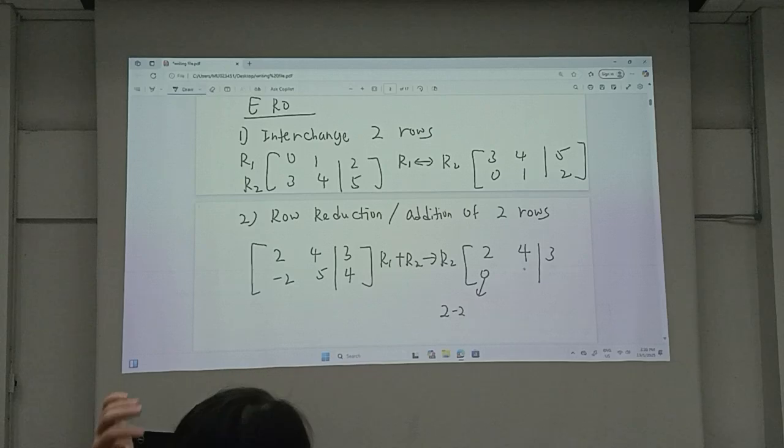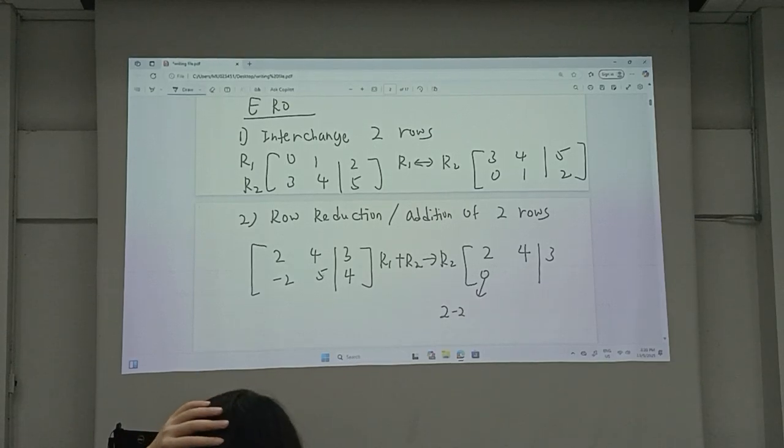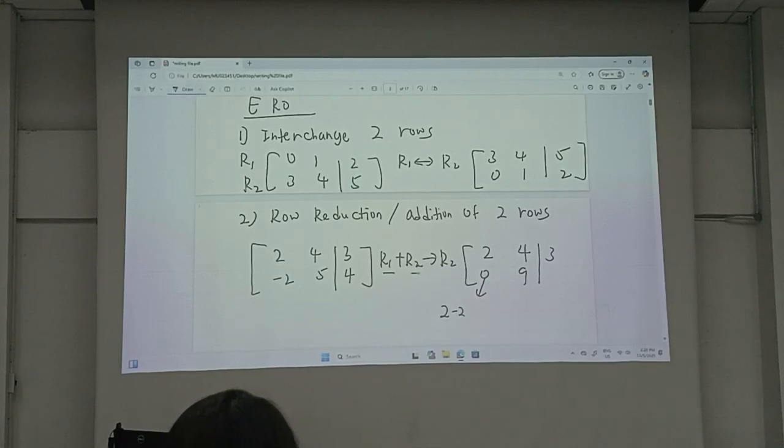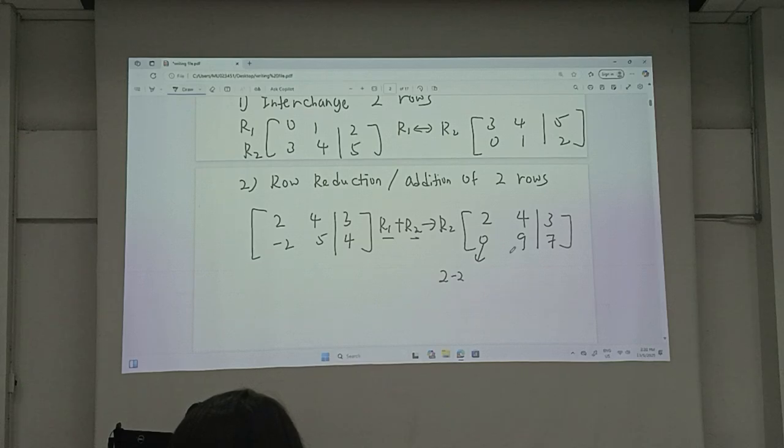Here will be 4 plus 5 equal to 9. R1 plus R2. 3 plus 4 equal to 7. So this is a very simple example of row reduction.